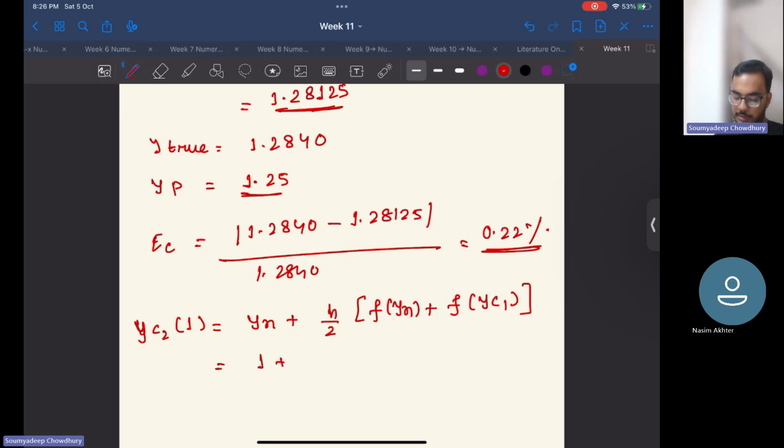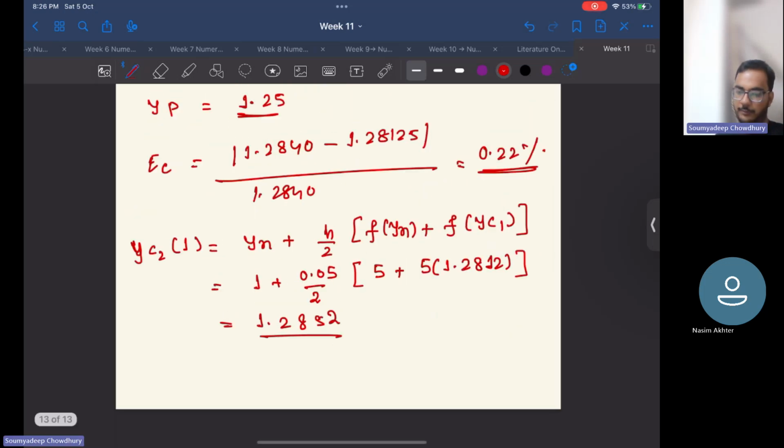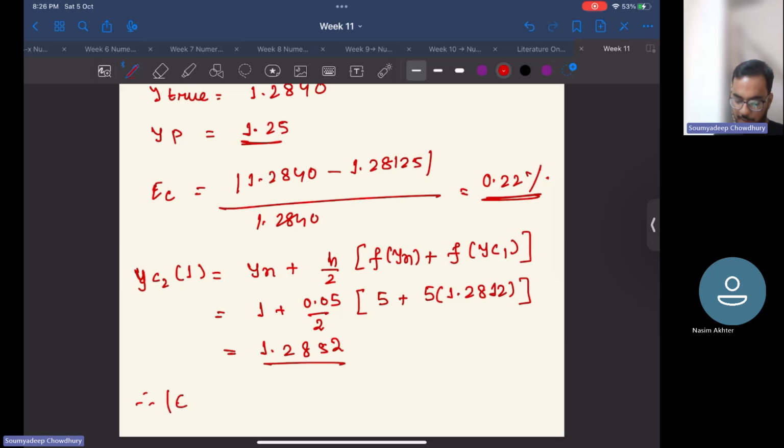If you calculate this, it is 1.281, much more accurate. The error will be around 0.09%. If you continue like this with more steps of the corrector, you will see that the error will reduce at a much faster rate.